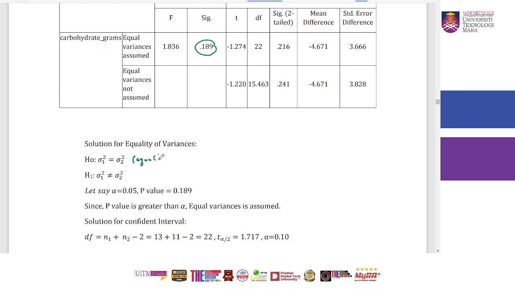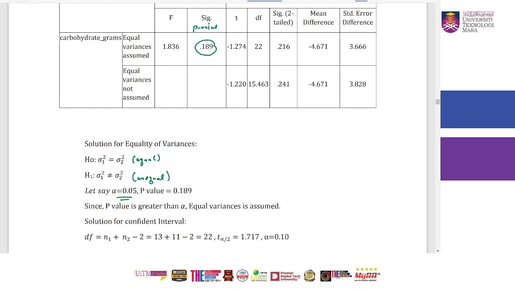Variance are equal, and against the alternative unequal variance. So kita nak tengok yang mana satu. So look at the significant value, determine your alpha level. So in this situation, your alpha is 0.05 and your significant value is 0.189. Okay, the significant value is 0.189 ataupun p value. So significant value dengan p value ni adalah benda yang samalah.